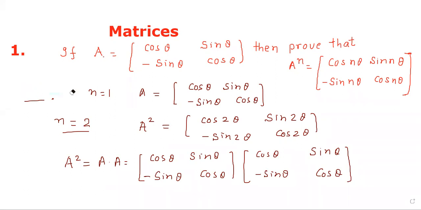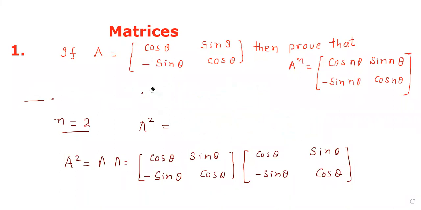We get A square equal to cos theta into cos theta, cos square theta, minus sin theta into sin theta, which will become sin square theta. So the first term is cos square theta minus sin square theta.